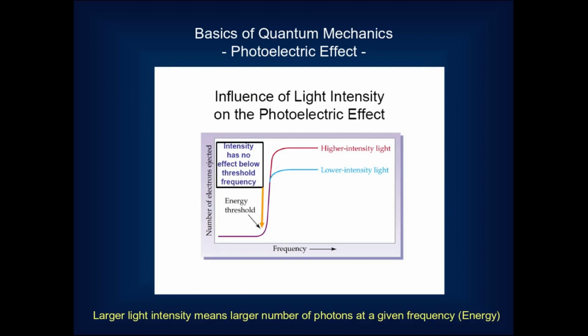If we see the graph of the photoelectric effect between the incident frequency and the number of electrons ejected out, we will see that the intensity has no effect on the number of electrons ejected below the threshold frequency, which shows that the number of electrons ejecting from the surface of a metal will only depend on the higher frequencies.